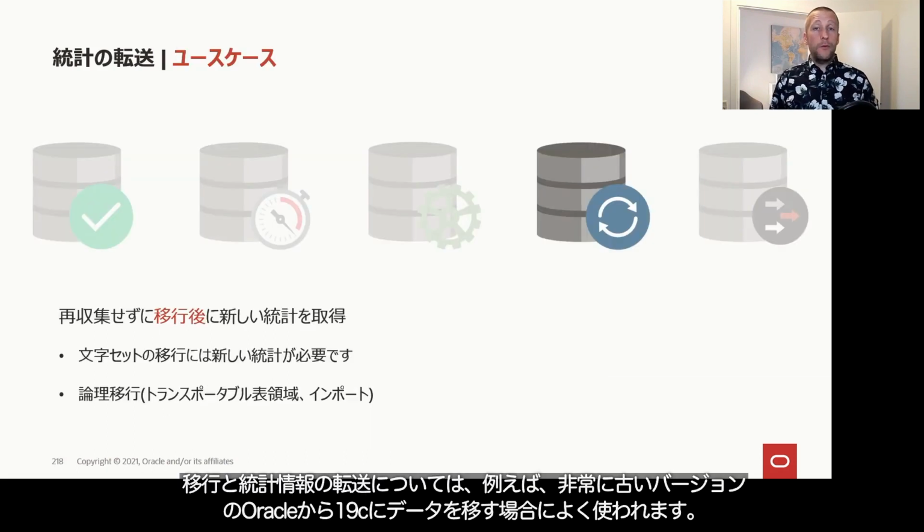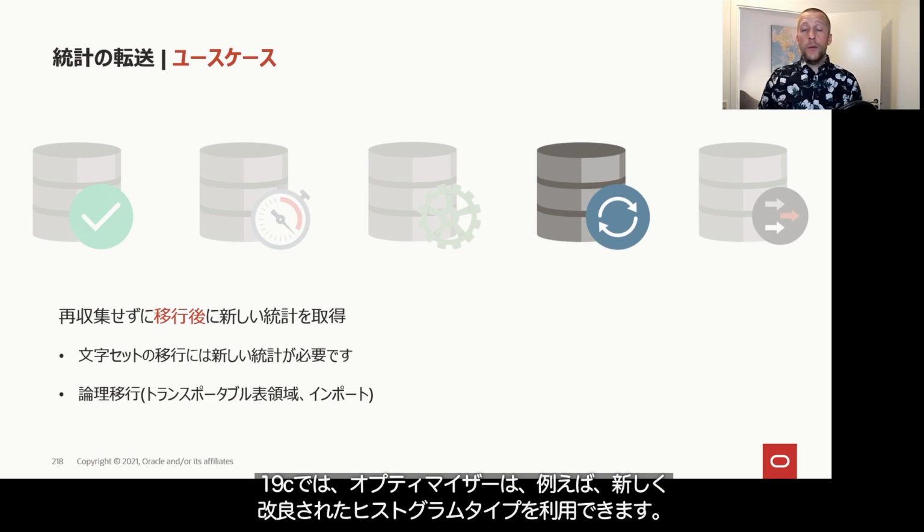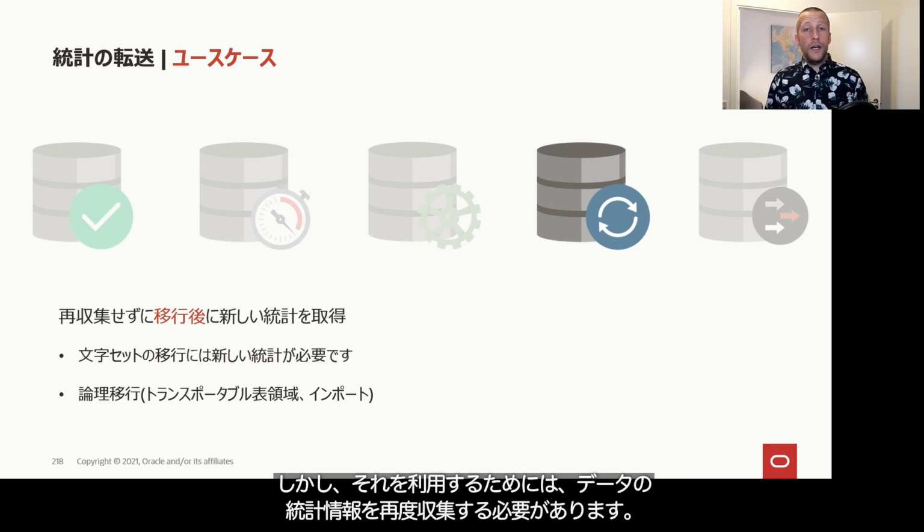When we talk about migrations and transporting statistics, we often see it useful when you transport your data from a very old version of Oracle into, for instance, 19c. In 19c, the optimizer has access to new and improved histogram types, for instance. But in order to use that, you have to regather statistics on your data.